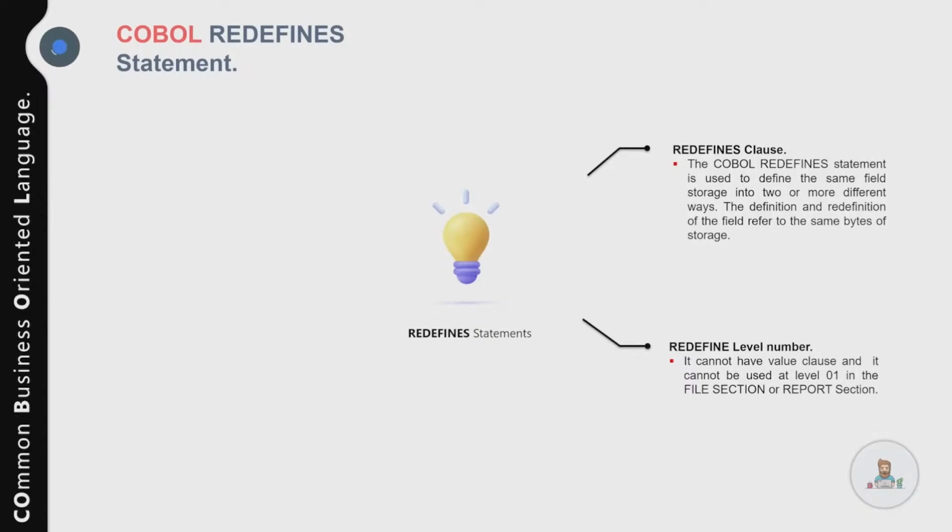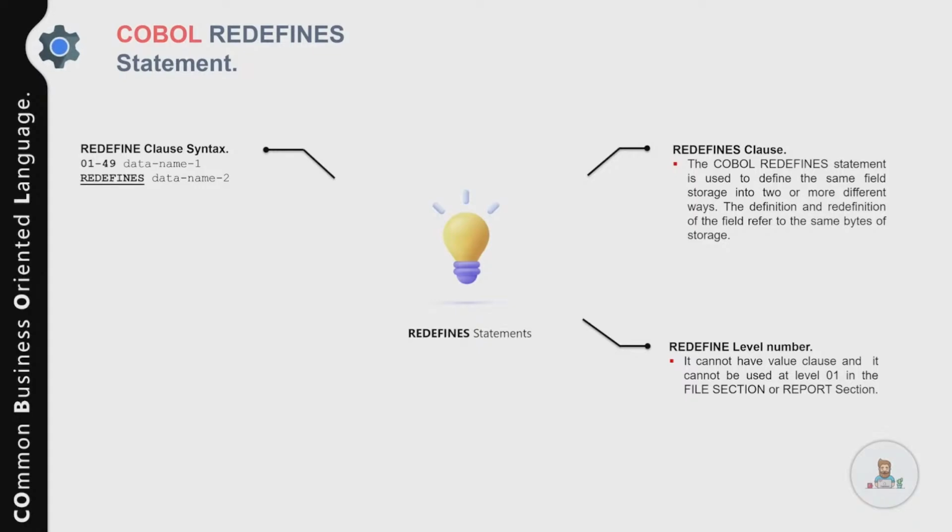For instance, you can store an alphanumeric and a numeric data type at the same location using redefines in COBOL. Also, you can redefine alphanumeric to numeric using this clause. COBOL redefine statement cannot have a value clause and it cannot be used at level 01 in the file section or in the report section.